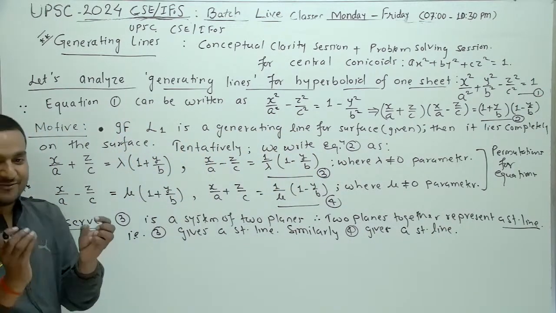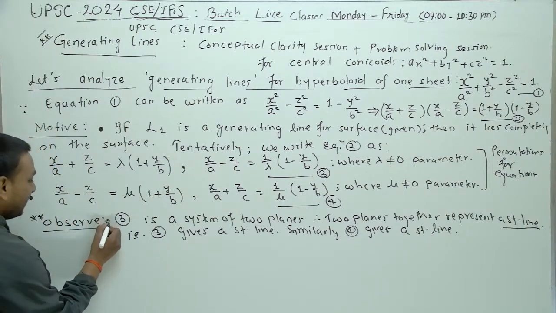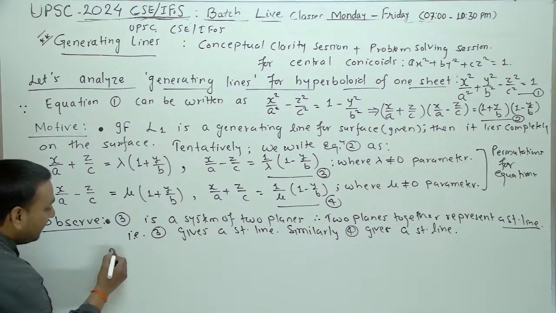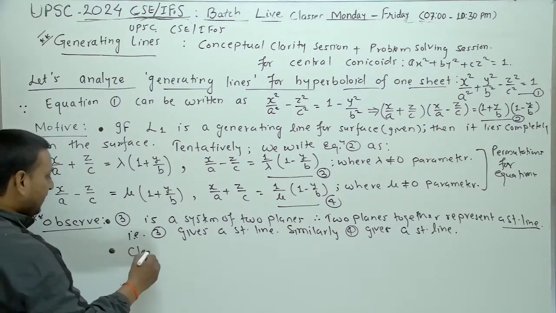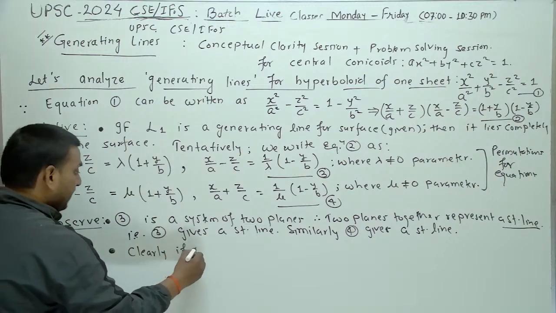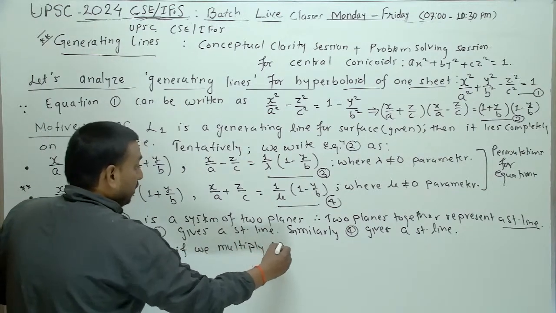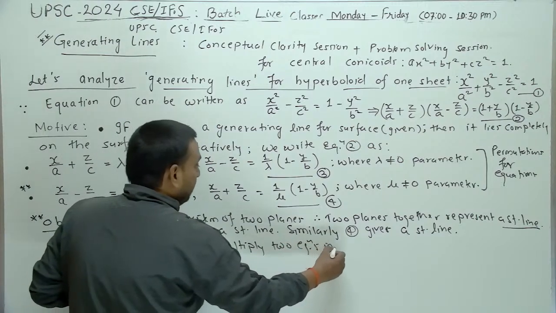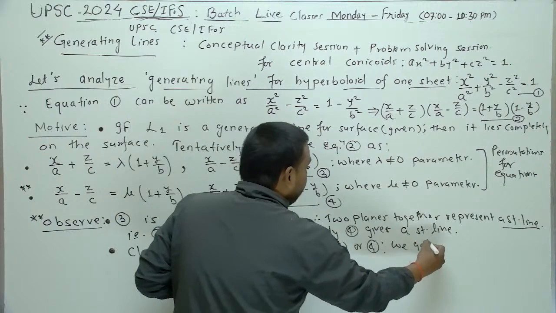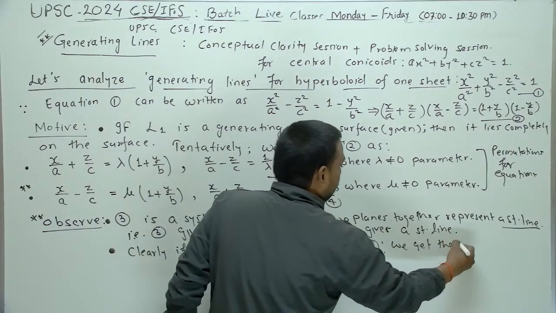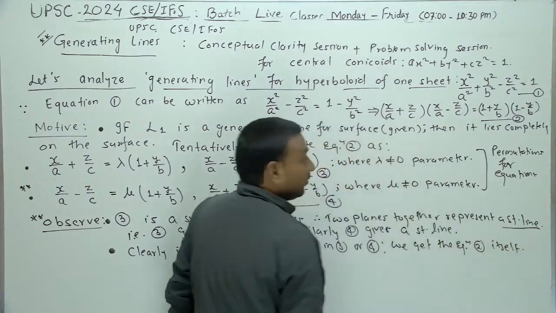One more very beautiful observation. Clearly, if we multiply the 2 equations in 3 or 4, we get equation 2 itself.